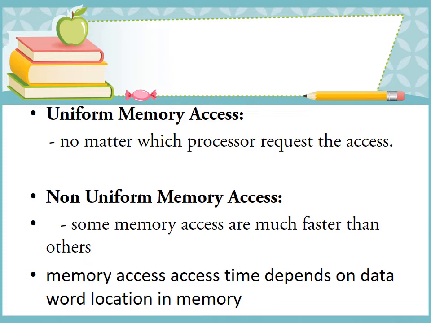If the data is present nearby and can be easily accessed, the time required to fetch it is very small. It varies depending on the data word location, with no fixed time, so we call it non-uniform memory access, but it is very much faster than the other memory access systems. This system is called NUMA.